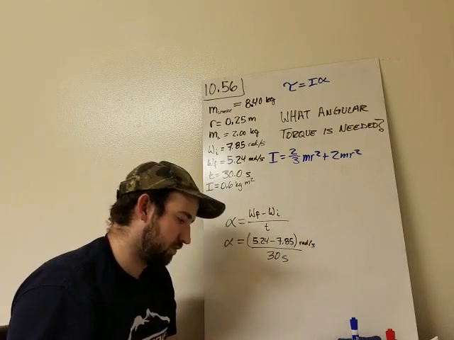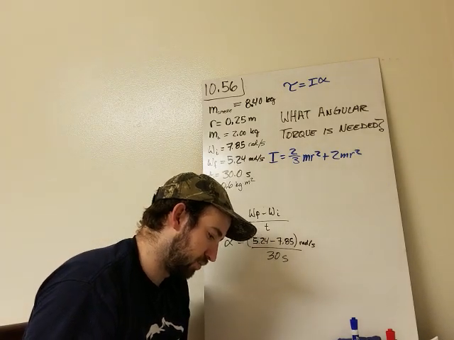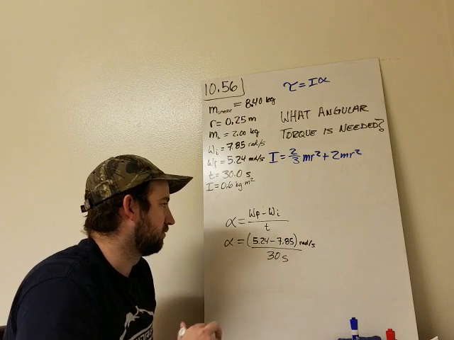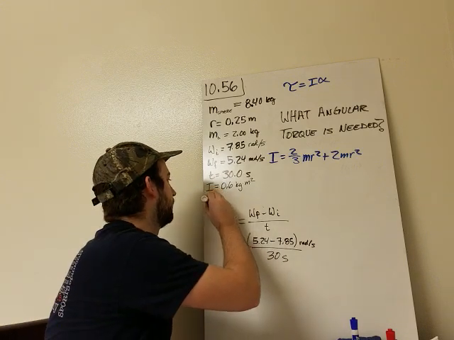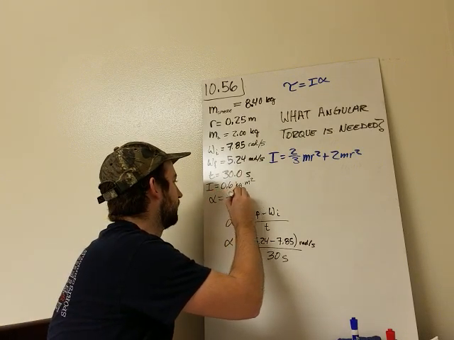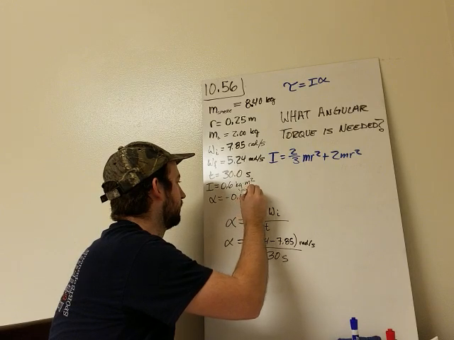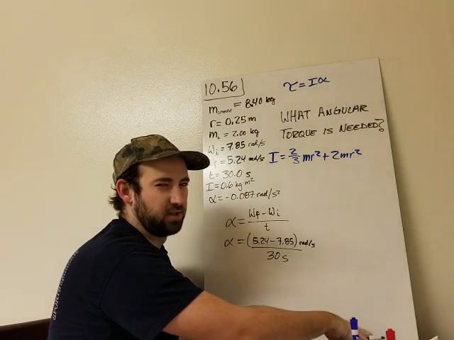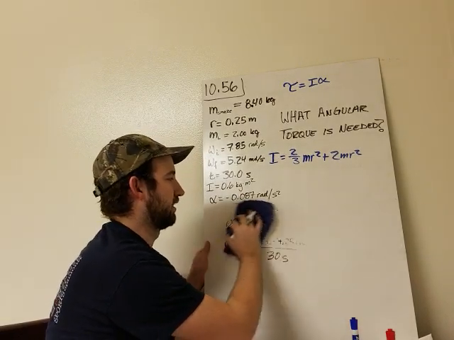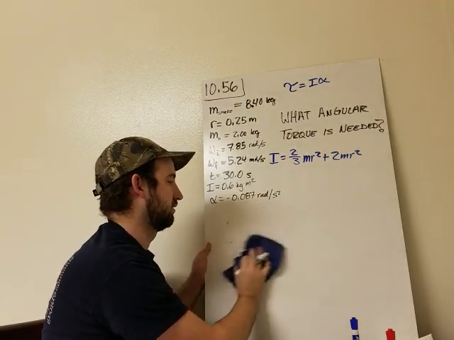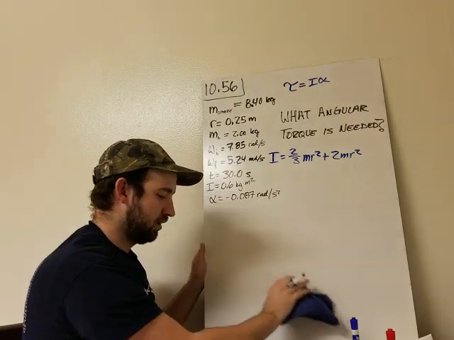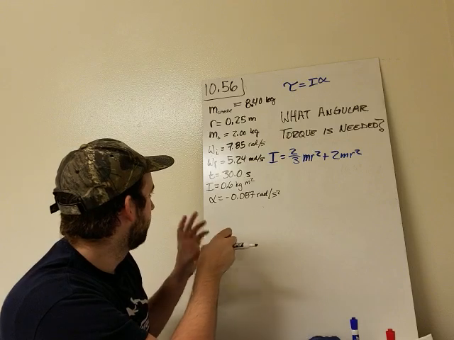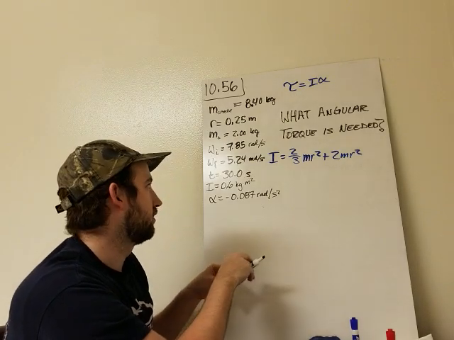Throw that in the calculator, and we end up with negative 0.087 radians per second. I think I just said radians per second. I meant radians per second squared, since it is an acceleration. So now we have all we need to find the torque.